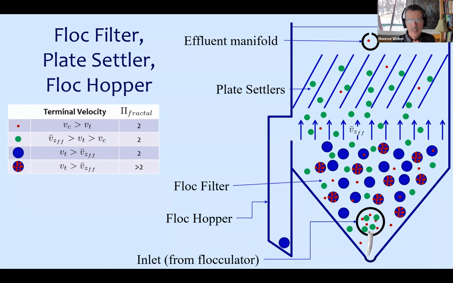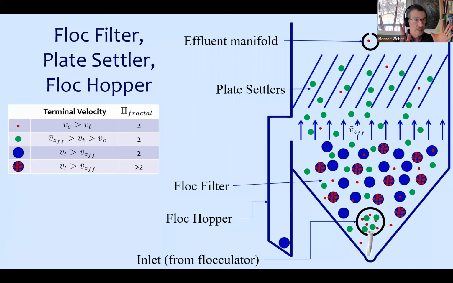Could you tell the story of the red, green, and blue flocs? How things come from the flocculator and end up in this floc filter sed system? And I want to share this other crazy insight. I've known about plate settlers for a very long time, and I don't think I've ever asked the question of how do flocs or particles that were caught in a plate settler get out the bottom of the plate settler and end up in the bottom of a sedimentation tank?